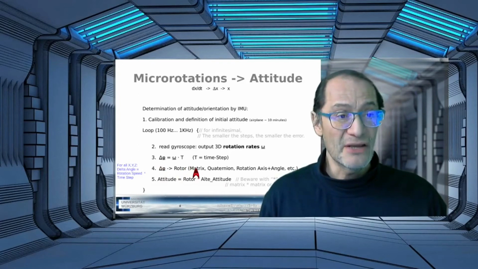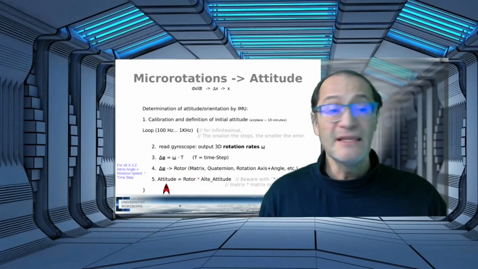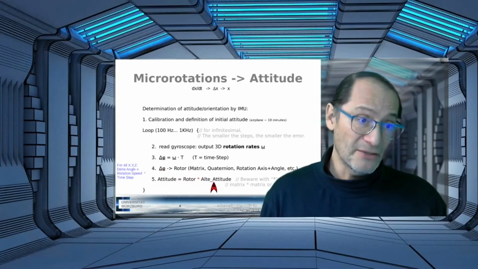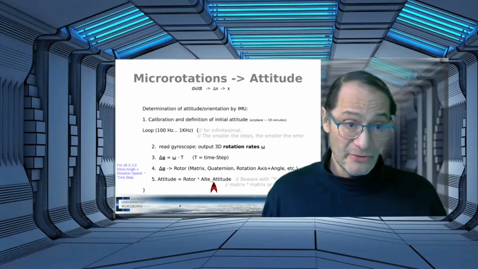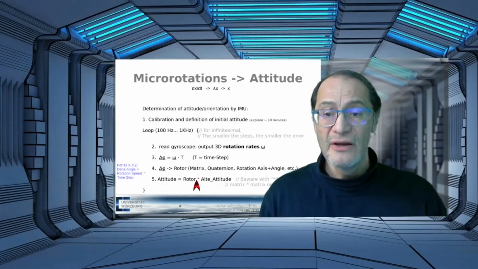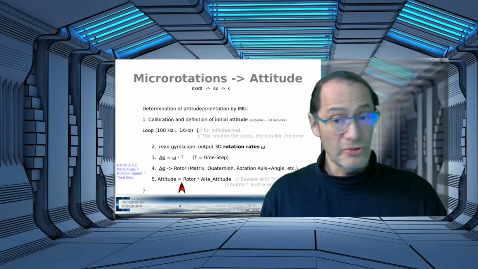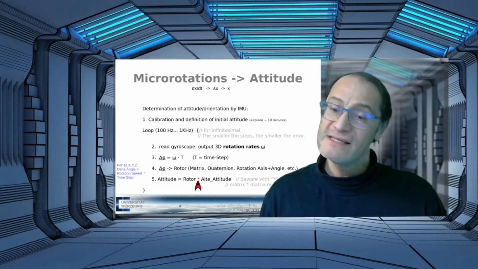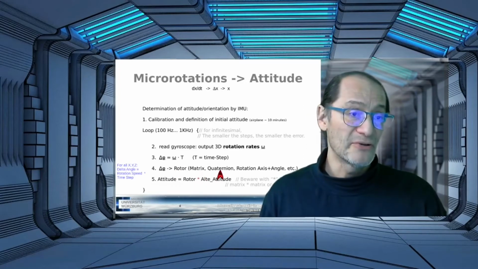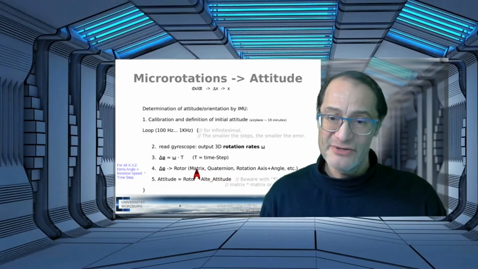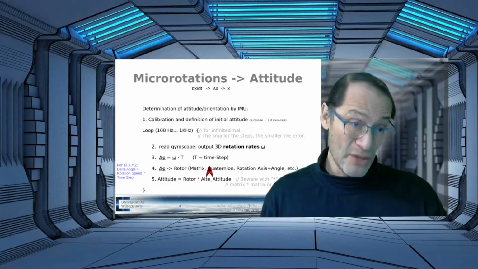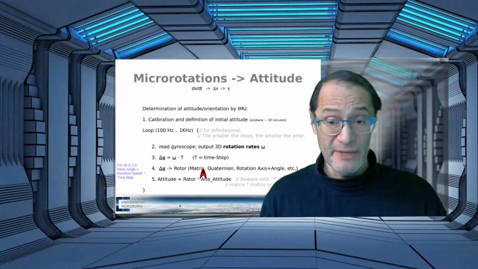we are going to see how to represent the rotors. Then the new attitude will be the old attitude. Remember, we write from right to left. Okay, the old attitude multiplied by the new rotor. And this multiplication is a matrix multiplication or quaternion multiplication, or the multiplication according to the encoding of the rotor, which can be different.